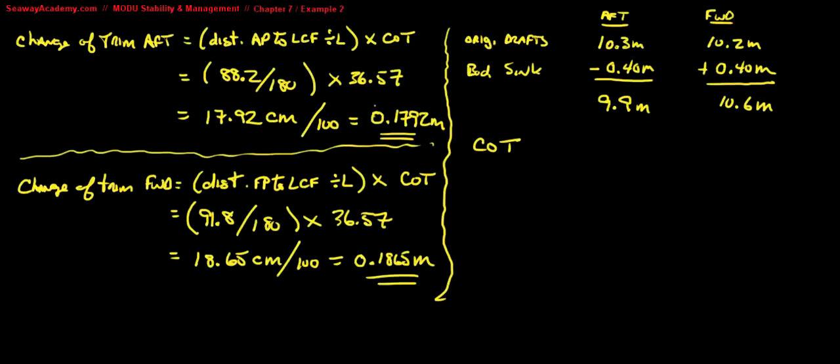We now apply our change of trim. We're going to subtract it for aft, so it's 0.1792 meters. We're going to add the change of trim forward, so it's 0.1865 meters.